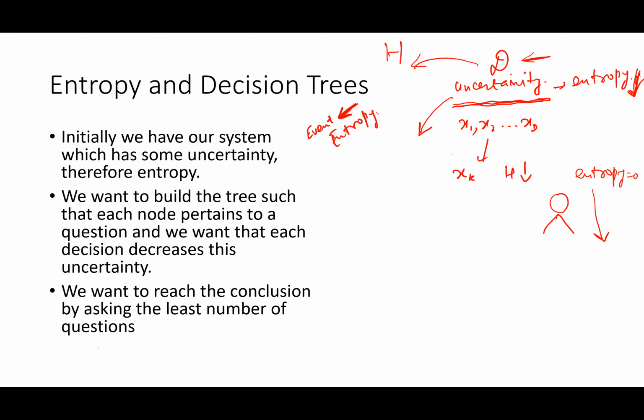Now, once this event has occurred, this event will give us some kind of information. So that is the link between information and entropy.